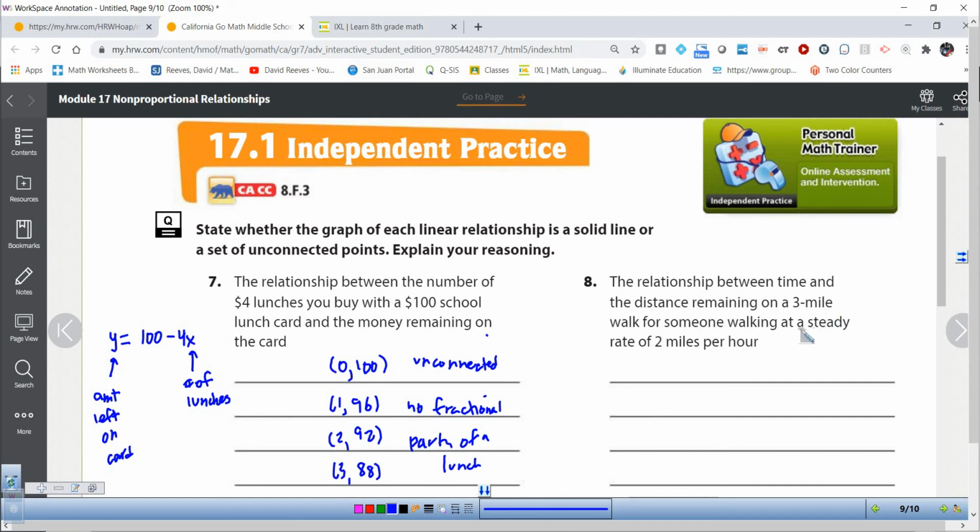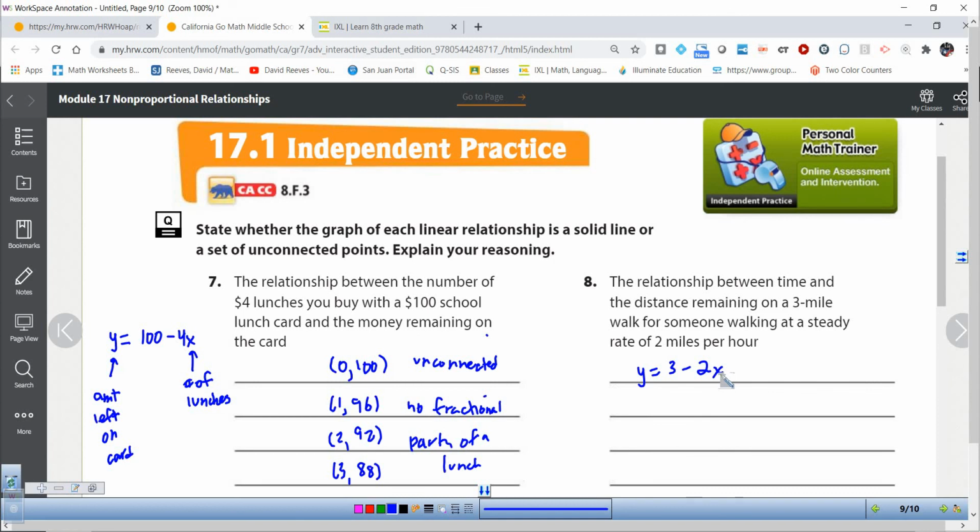Now, if we look at this one over here, the relationship between time and the distance remaining on a 3-mile walk for someone walking at a steady rate of 2 miles per hour. If I did that one, that would be y equals 3 minus 2x.